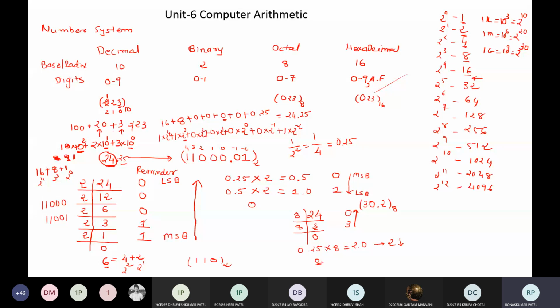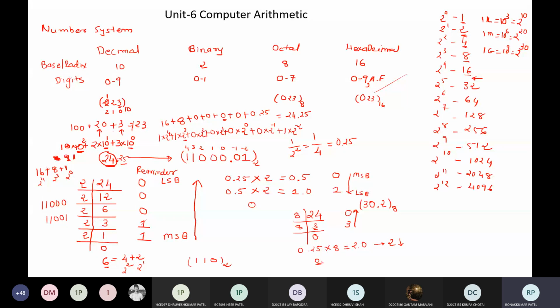In the last lecture, we have seen number representation: decimal, binary, octal, and hexadecimal. And what is the base of that system? Digits, right? Then we saw the conversion from decimal to binary, and we generalized how to convert any decimal number into any representation.